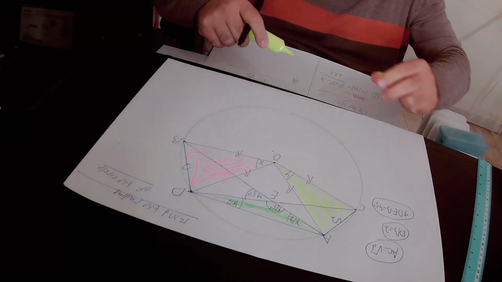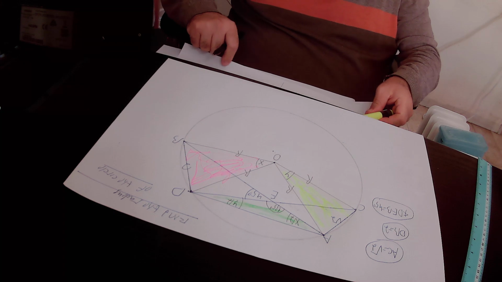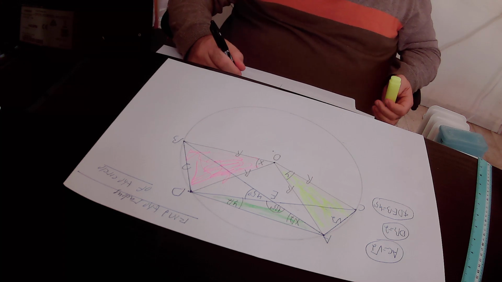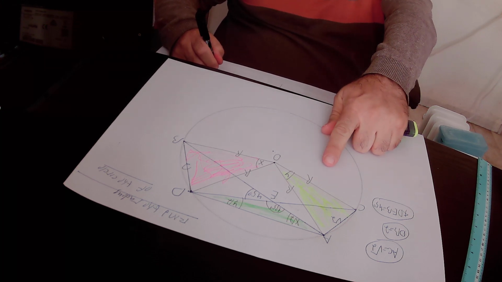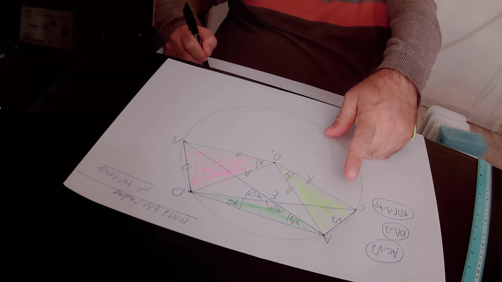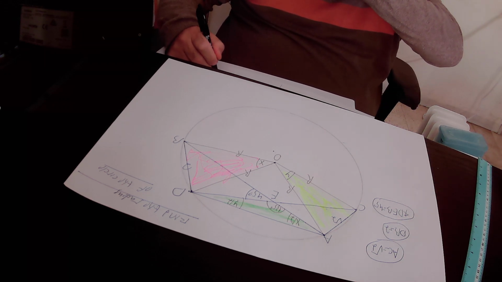The yellow triangle ACO, according to the law of cosines, we get that cosine y equals r squared plus r squared minus square root of 2 squared. Square root of 2 squared is 2, so it is minus 2 over 2 times r times r.